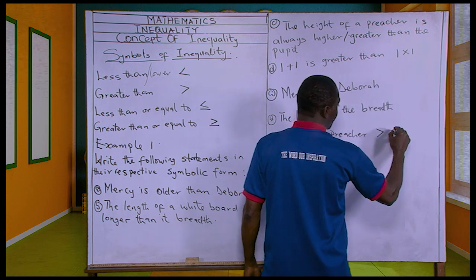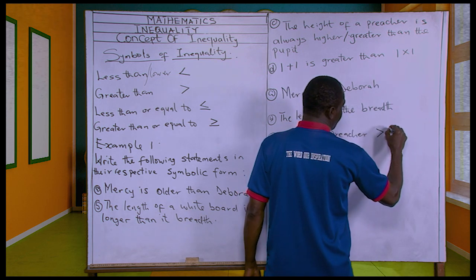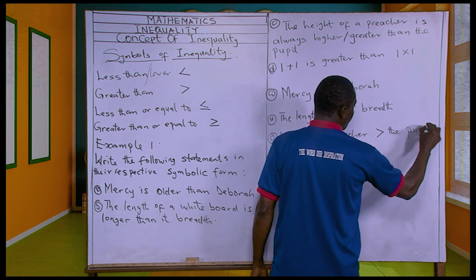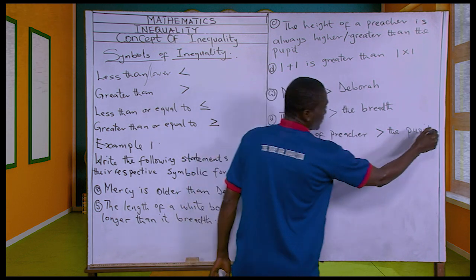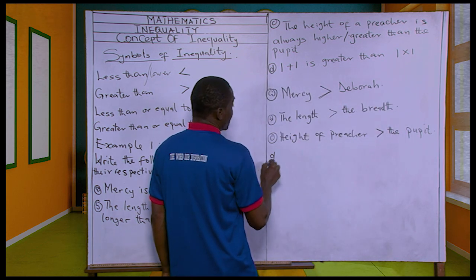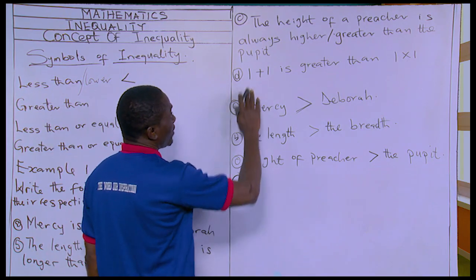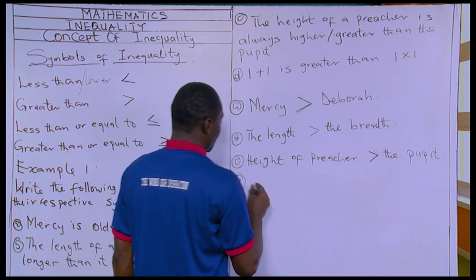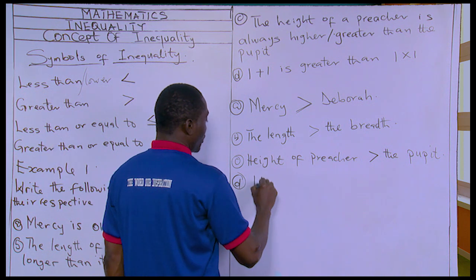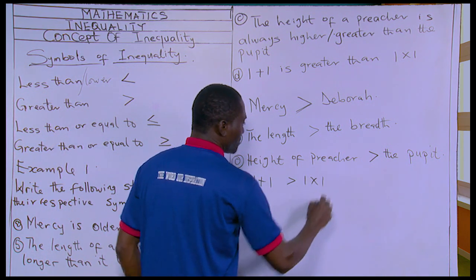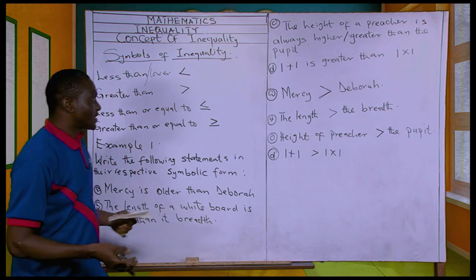Than the pulpit. That is that. D. The sum of these is greater than the product. 1 plus 1 is greater than 1 multiplied by 1. As quick as that.